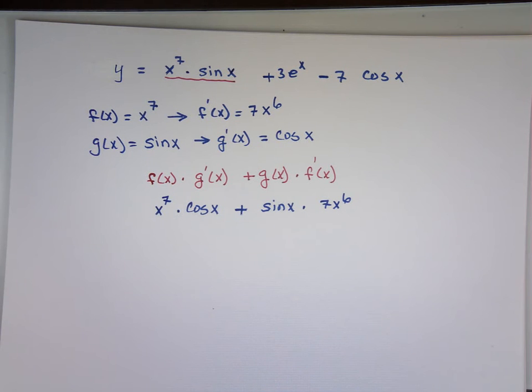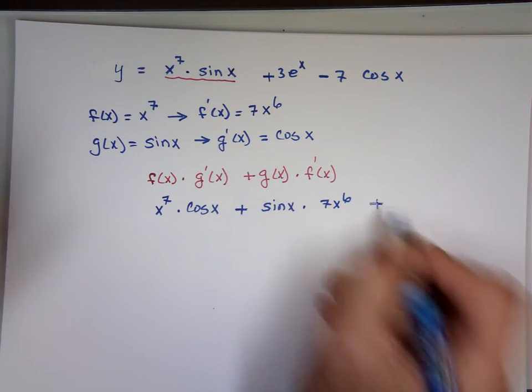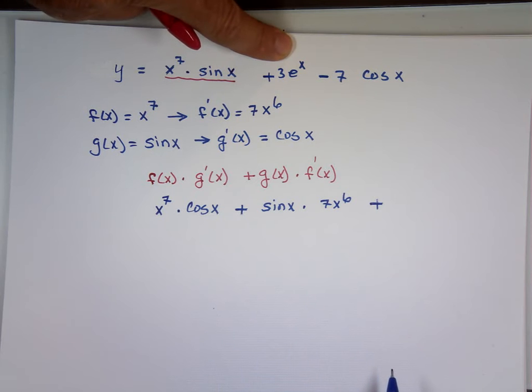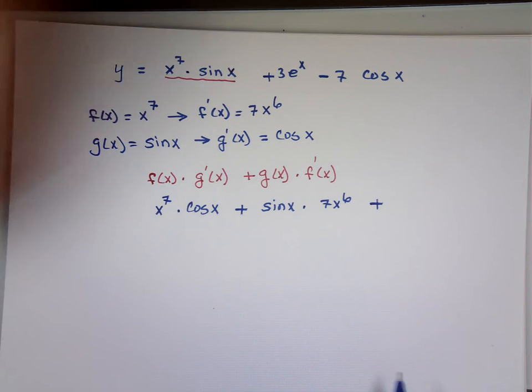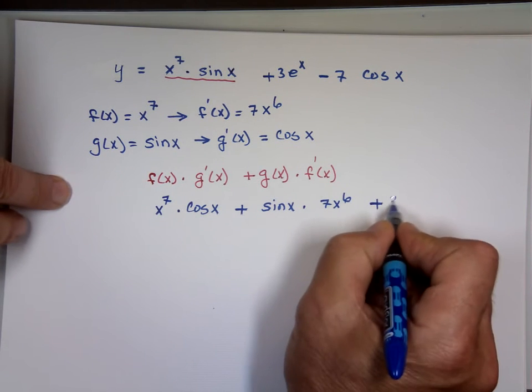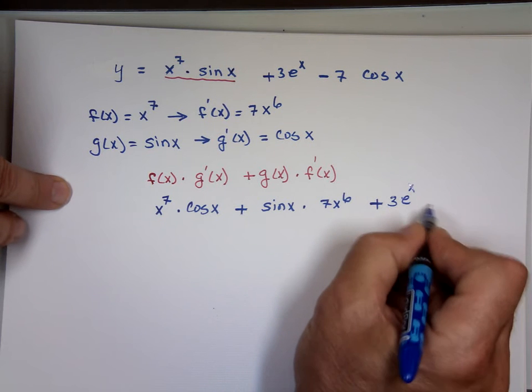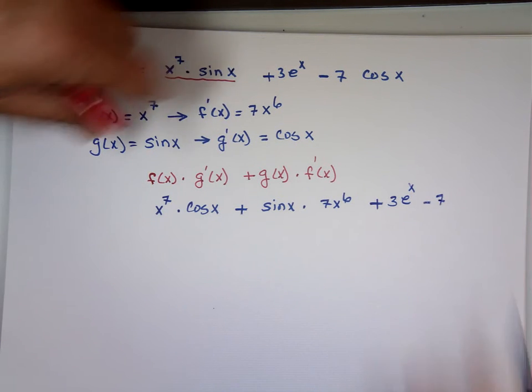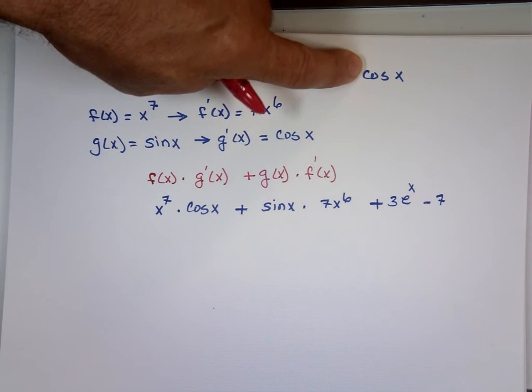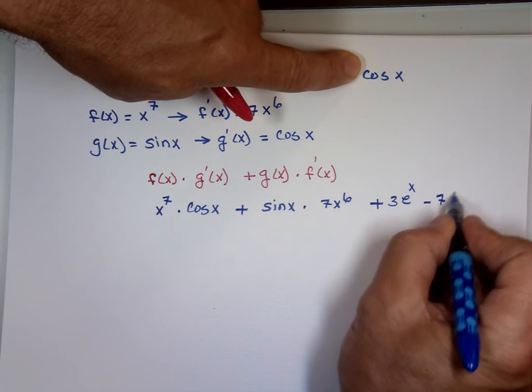Now we're going to add to it the answer to this one. What's the derivative of 3e to the x? 3e to the x. Here's the minus. There's the 7. What's the derivative of cosine of x? Negative sine of x.